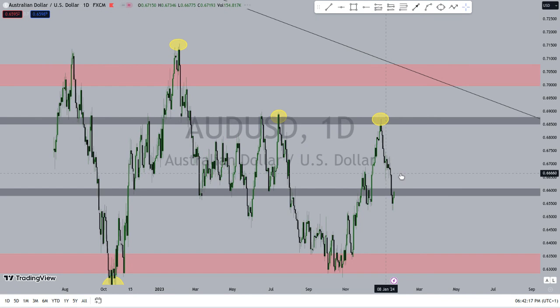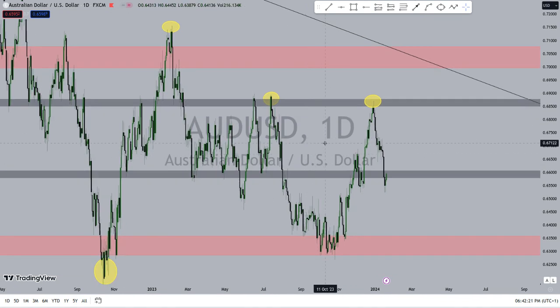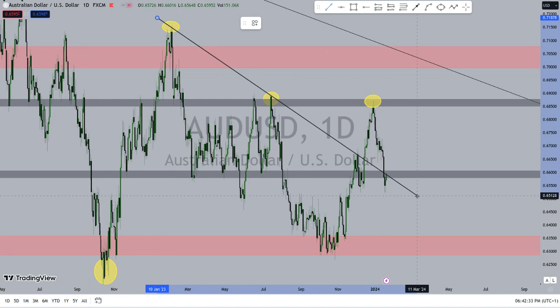So guys, on my previous video, I discussed AUD USD about to turn bullish when I drew a major trend line about this region.